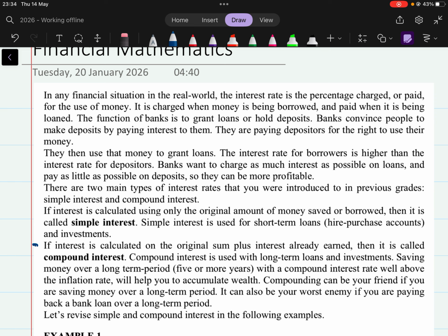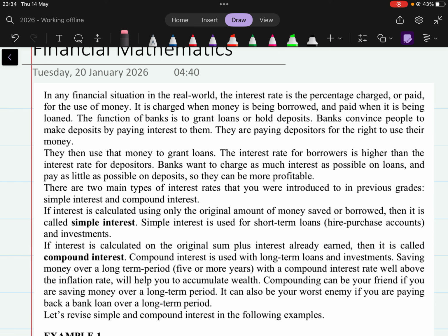There's also a way of calculating the interest on the original sum plus the interest already earned, when we are trying to evaluate what the interest would be from the date we started with some investment or borrowed money. If that approach is deployed, then the interest calculated is called compound interest. I hope you understand that.